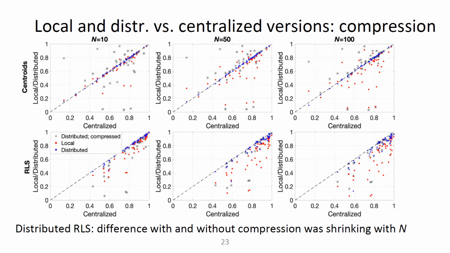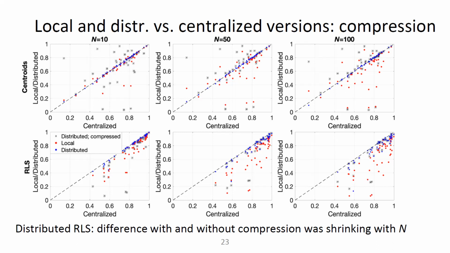One important remark that we can take from this result is that the average accuracy of the distributed version with compression for 50 nodes and 100 nodes or agents in the network was the same as for the distributed without compression and the centralized version. So this means that we are actually not losing important information by compressing the classifiers.